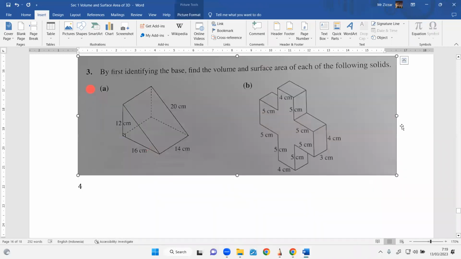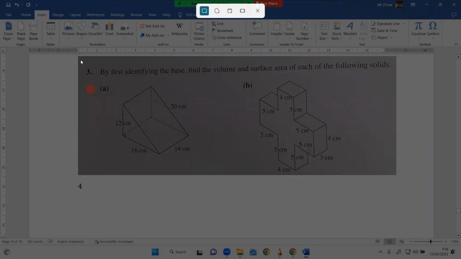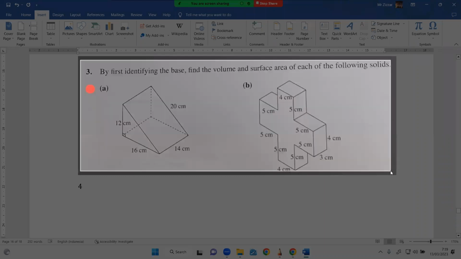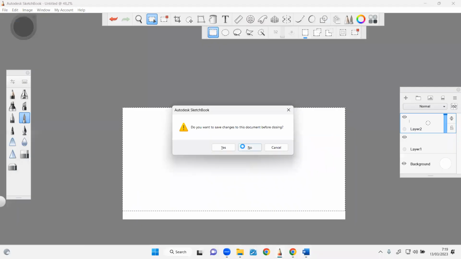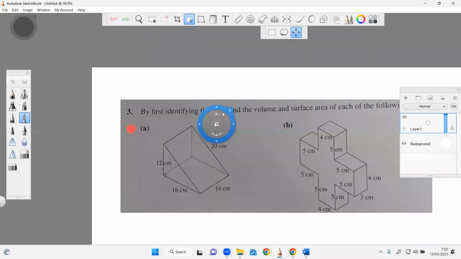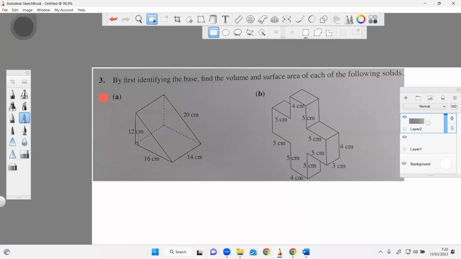Now, number 3. By identifying the base, find the volume and surface area of each of the following solids. Wait, I am doing the print screen right now. Okay, for A only. First thing first, mention the base.